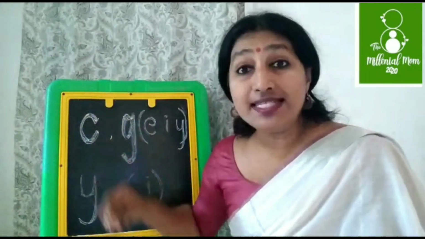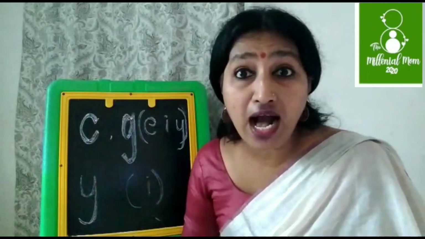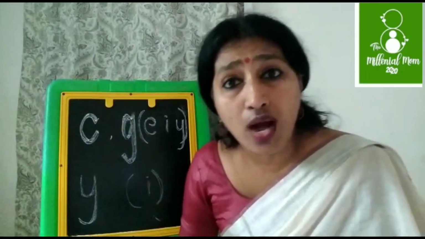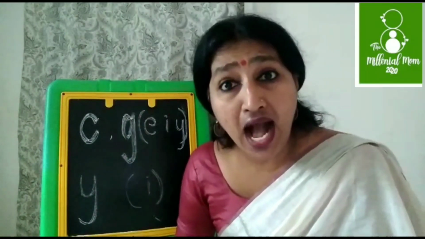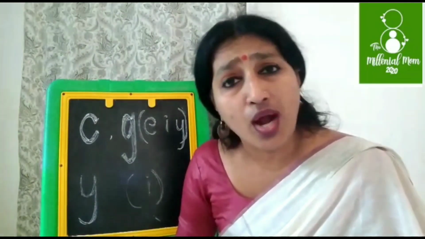C. C for car. C for cake. Now, how will you read the word C-I-R-C-L-E? Circle. So what is C? What sound does C take in the word circle? What sound does C take in the word cycle? C-Y-C-L-E.